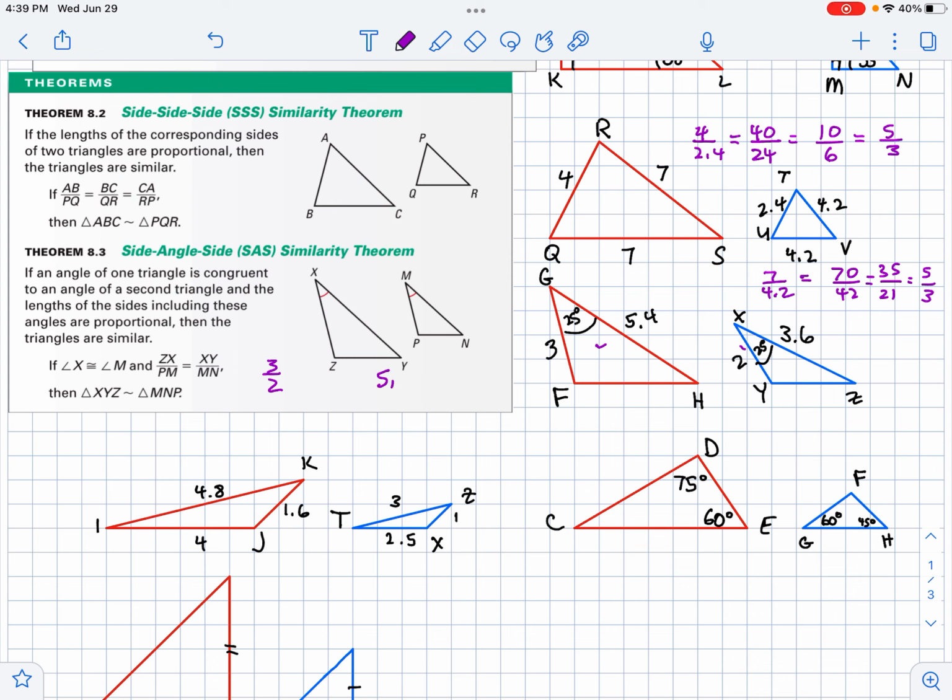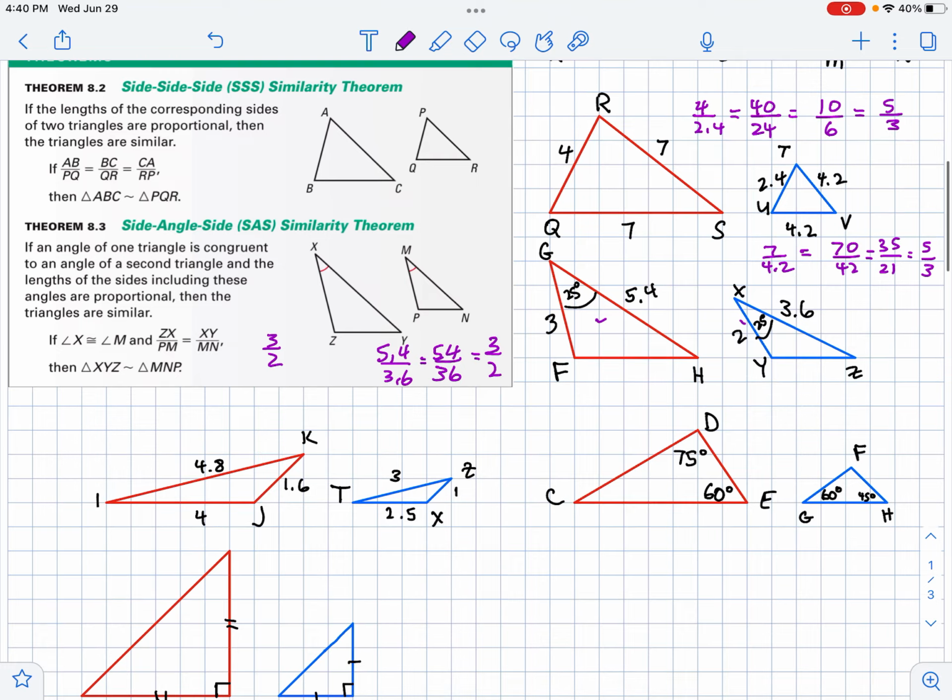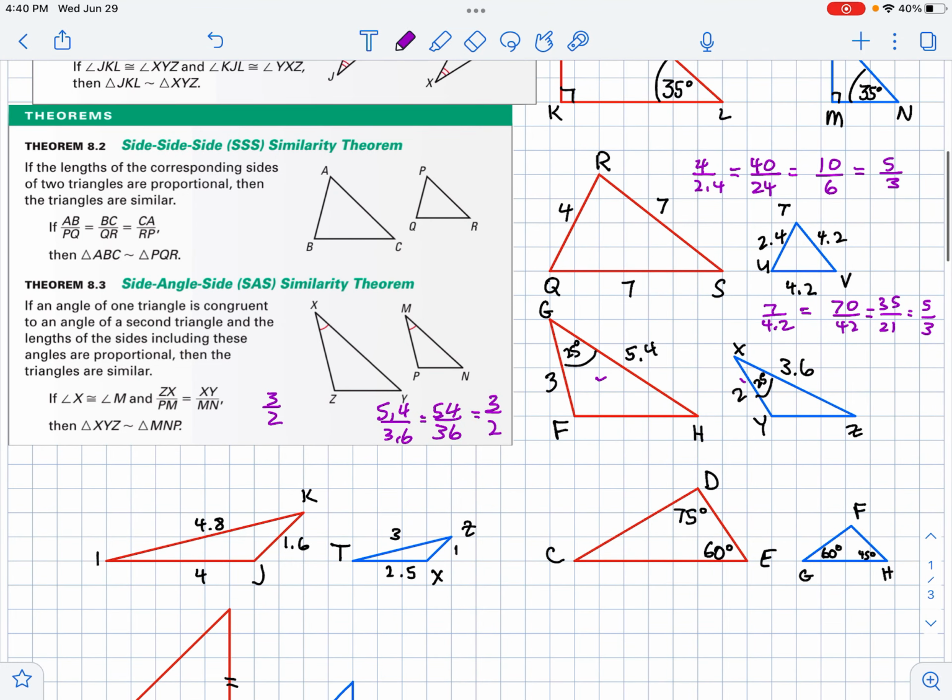I'm going to move the decimal over, 54 over 36. 18 will go into 36 2 times, and 18 will go into 54 3 times. So yes, the ratios are the same, 3 halves and 3 halves. So this is an example of side angle side. Okay, so there you go.